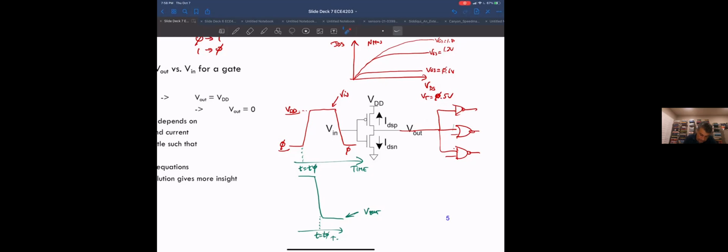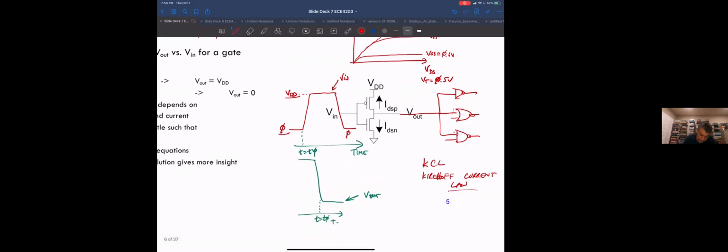Well, if you think about Kirchhoff's current laws, KCL, you guys may be having nervous breakdowns remembering them. Basically it says that all the currents coming into the node have to be the same as the currents going out of the node.